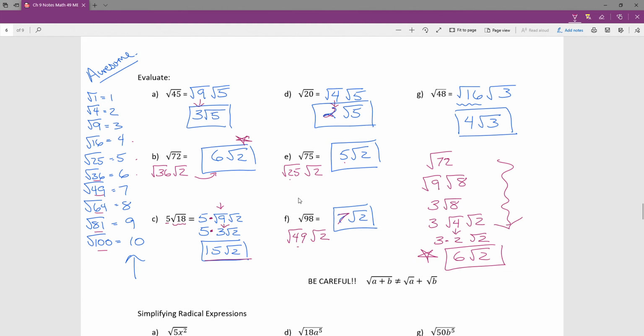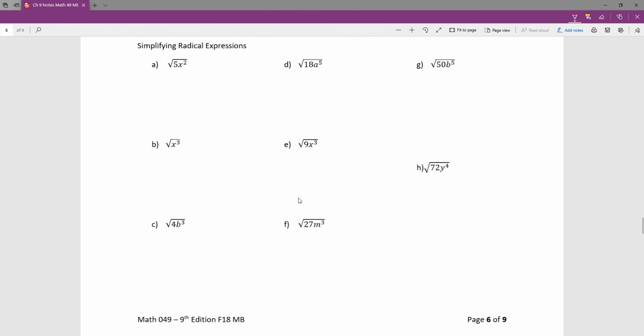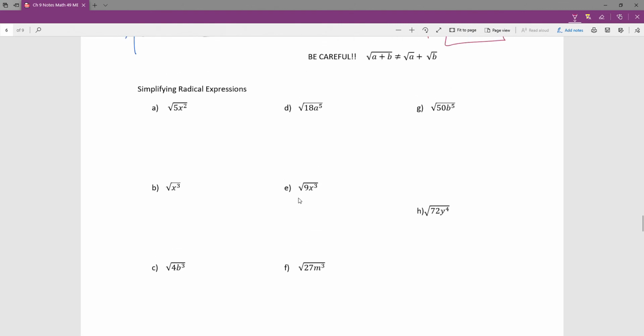We're going to move on from just the numbers that are radicals and simplify things that now have letters in them. You knew the letters were coming. So in these ones, we're going to deal with the coefficients in the same way. And as far as the exponents go, we can take the square root of a variable if it has an even number on that exponent. So we're going to still break these up in ways that are convenient to us.